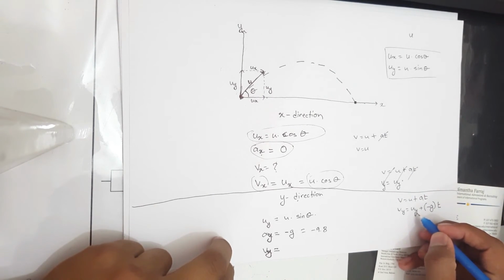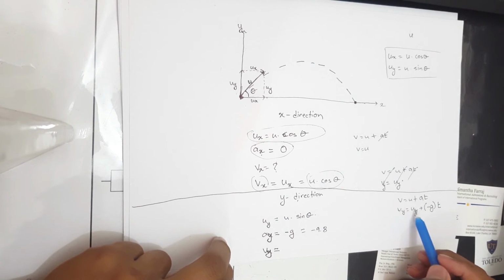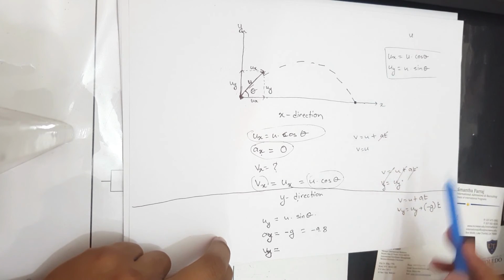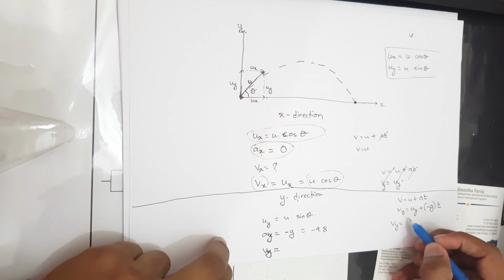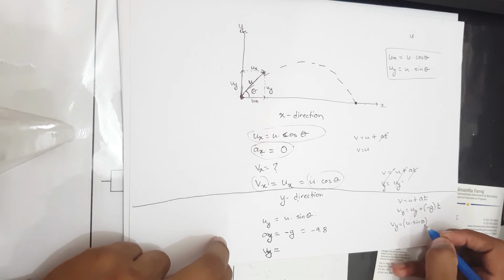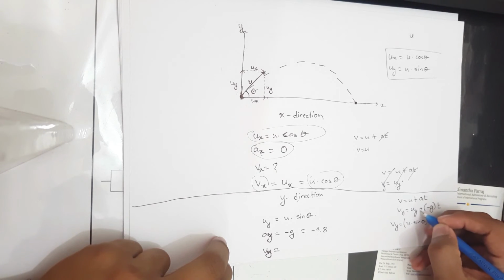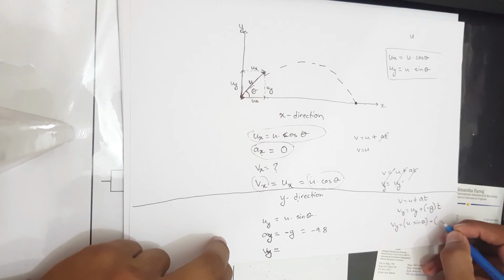So if I put the values of uy into this, what I get is vy equals, in brackets, u sine theta. This is a minus here, this is a plus here, they multiply, they become minus. I'll do it in brackets again, gt.